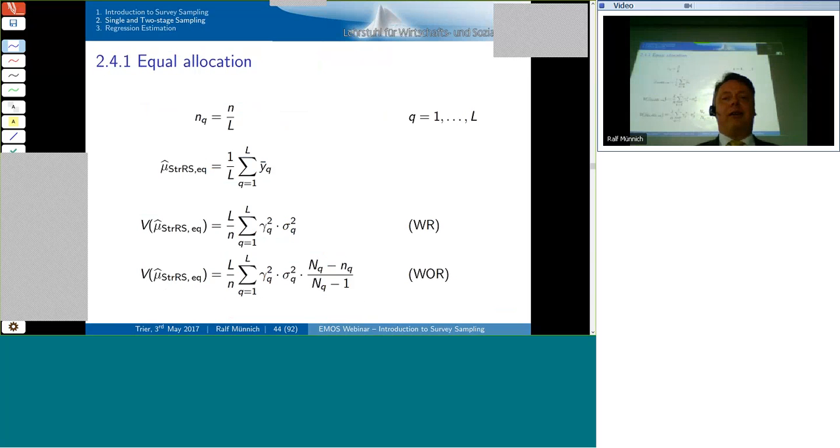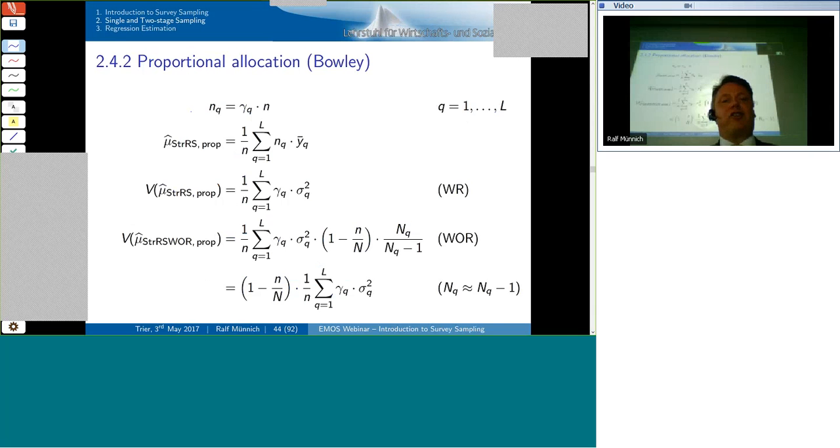The first one would be equal allocation, which means taking the same sample size in each stratum, which is constant and just relies on the number of strata. Well, it's very easy to construct that. It may have disadvantages because it doesn't consider anything else but just the number of strata, and that's not very fortunate. Let's go to the next one.